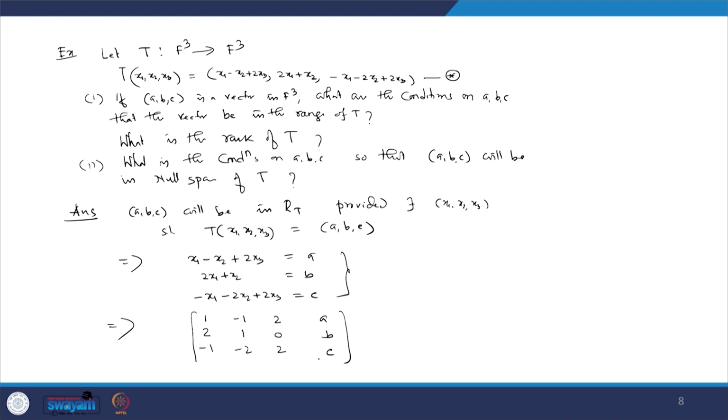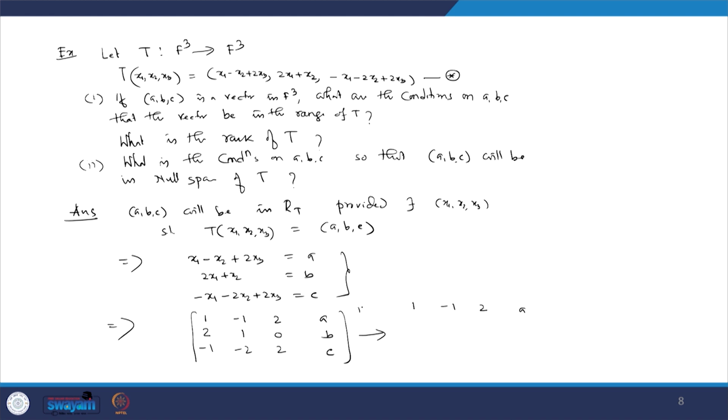Now, I have to check whether the existence of solution criteria is satisfied or not. So, let me go for the elementary operations. The first row I will keep as it is: 1, minus 1, 2, a.